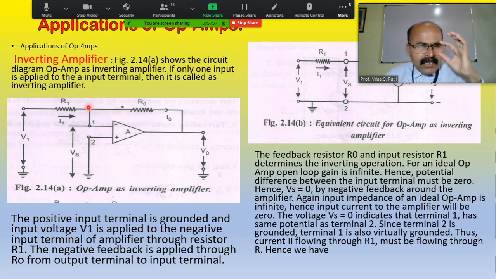Shows the circuit diagram of operational amplifier as an inverting amplifier. If only one input is applied to the input terminal, then it is called an inverting amplifier.